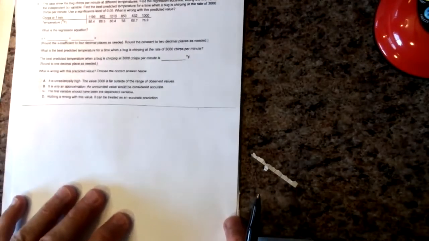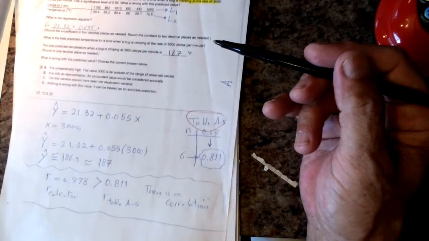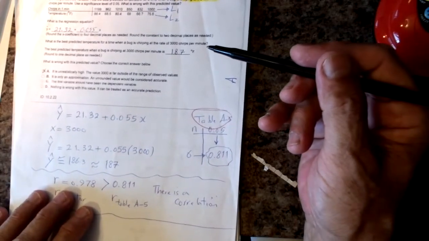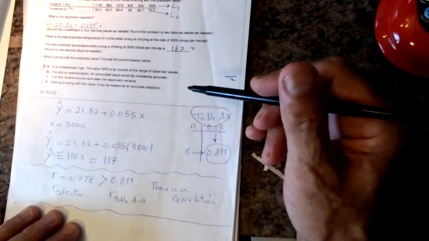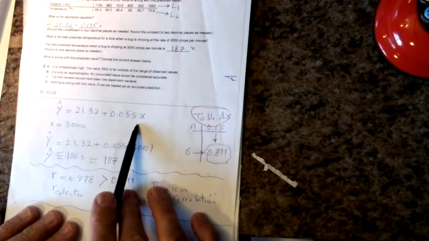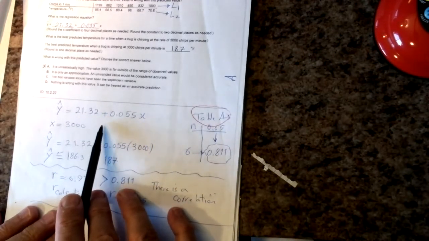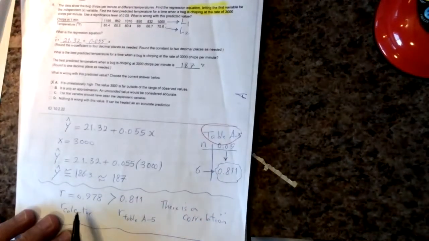This is another example. You have pairs. These are x's, these are y values, okay? Again, what you do is go ahead and use your calculator. You go to linear regression, and when you do that, you find your equation. First you have to check your R. R from the calculator was 0.978.